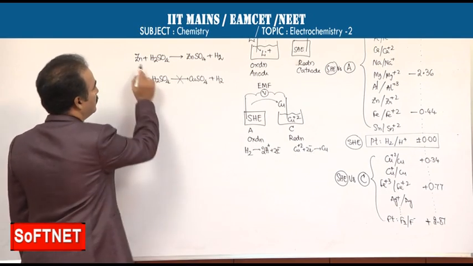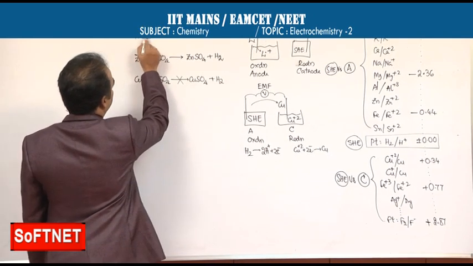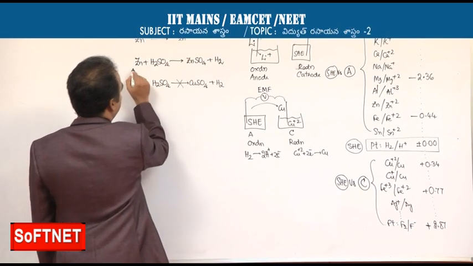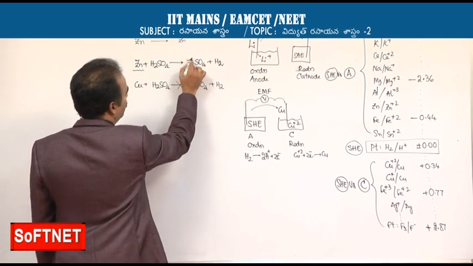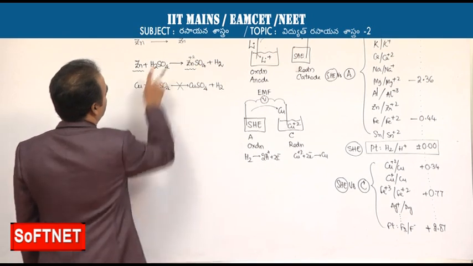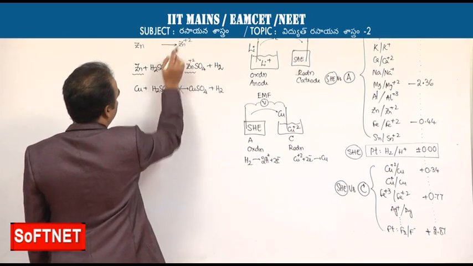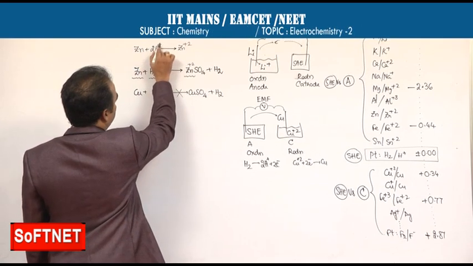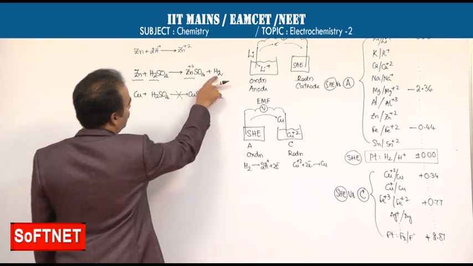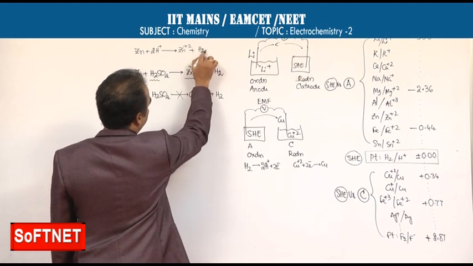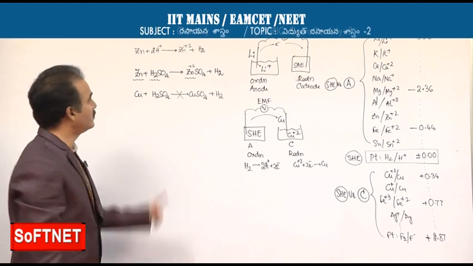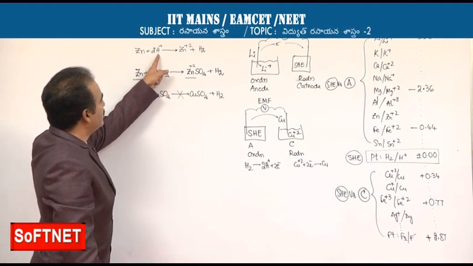The reason is that here zinc is undergoing oxidation, and simultaneously H plus ions are undergoing reduction, 2H plus to H2. So does this reaction occur or not? It depends on whether zinc acts as anode against SHE.